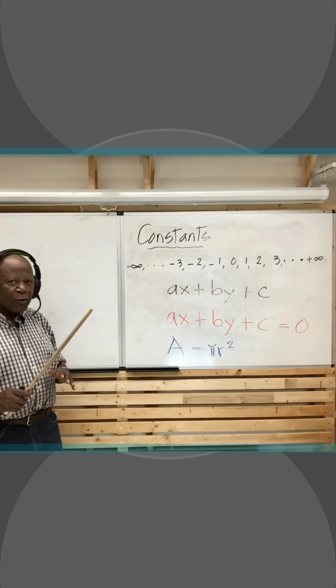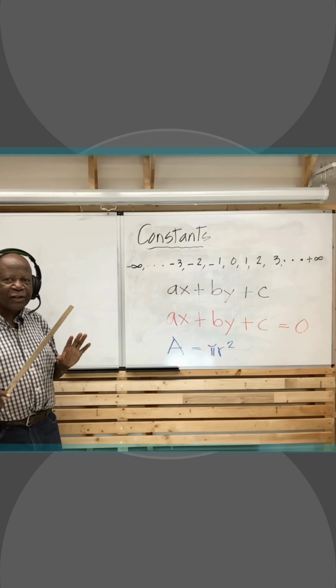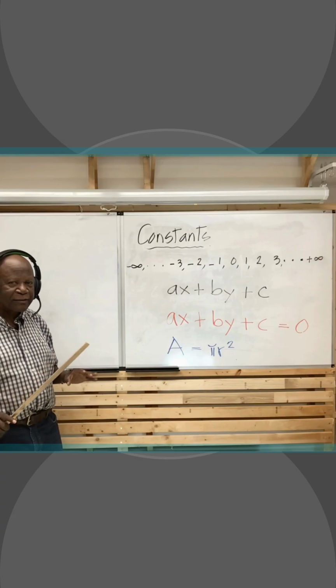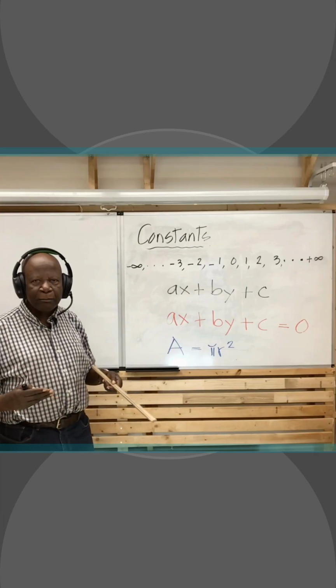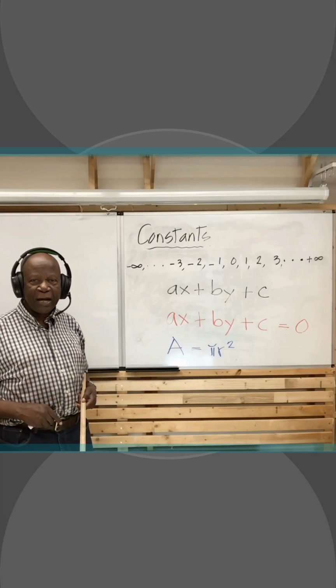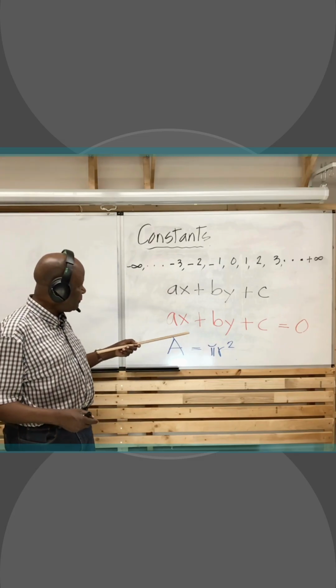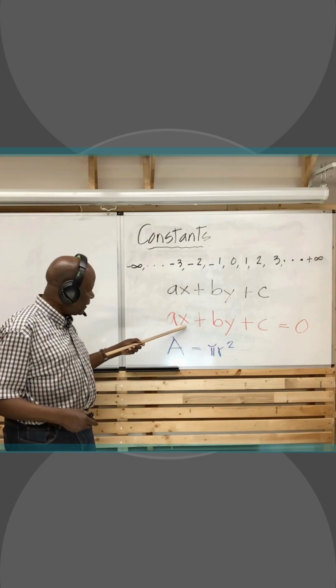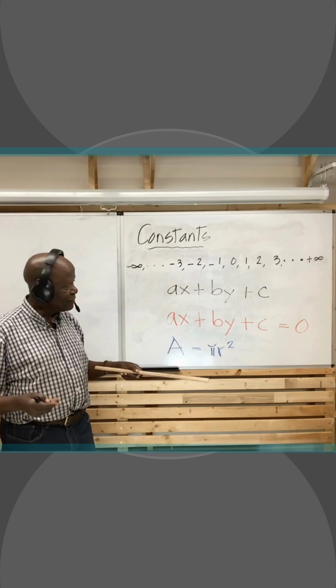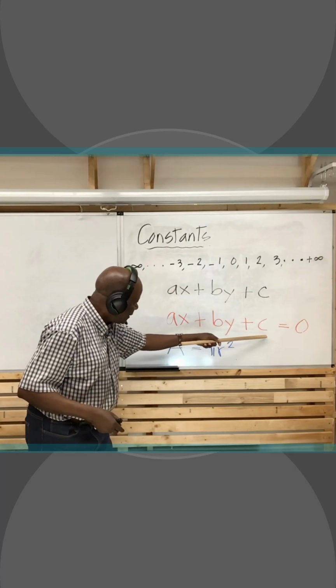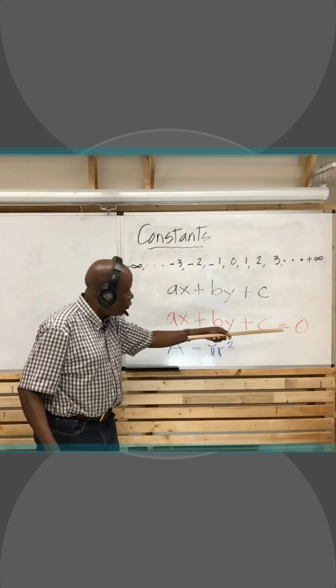Now, here, an action is required. What action is that? The equality sign creates an action. In other words, we have to find the values of x and y that make this side of the equation equal to 0.